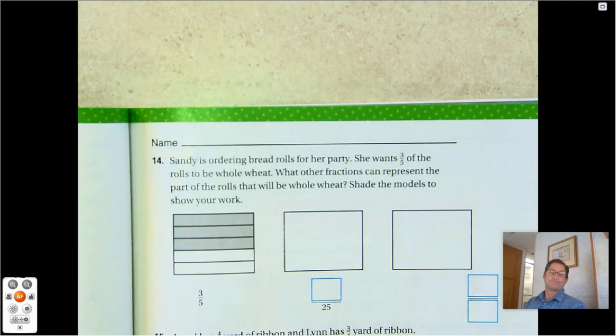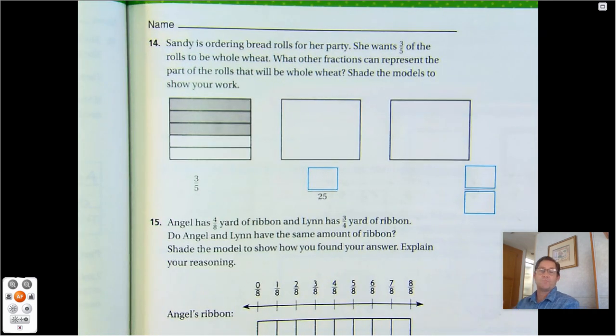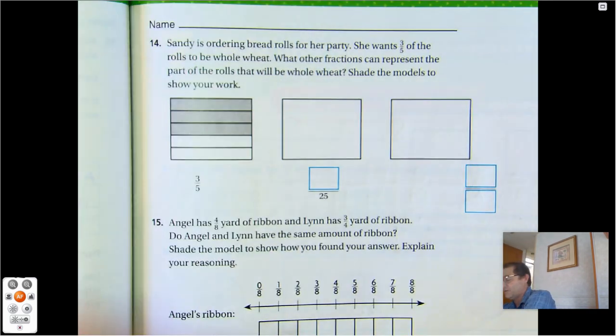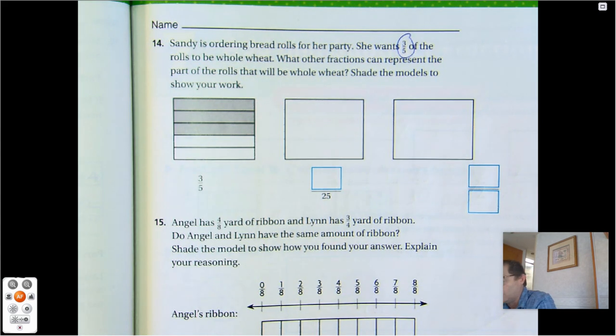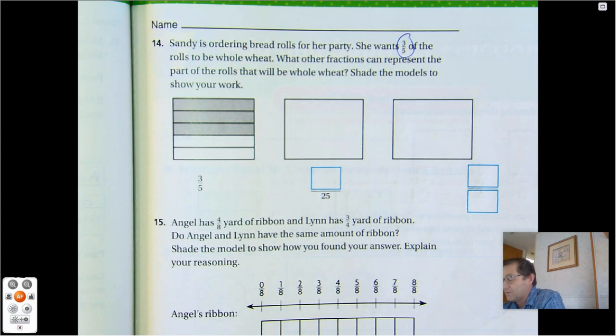14. Sandy is ordering bread rolls for her party. She wants 3/5 of the rolls to be whole wheat. What other fractions can represent the part of the rolls that will be whole wheat? Shade the models to show your work. 3/5 of the rolls.